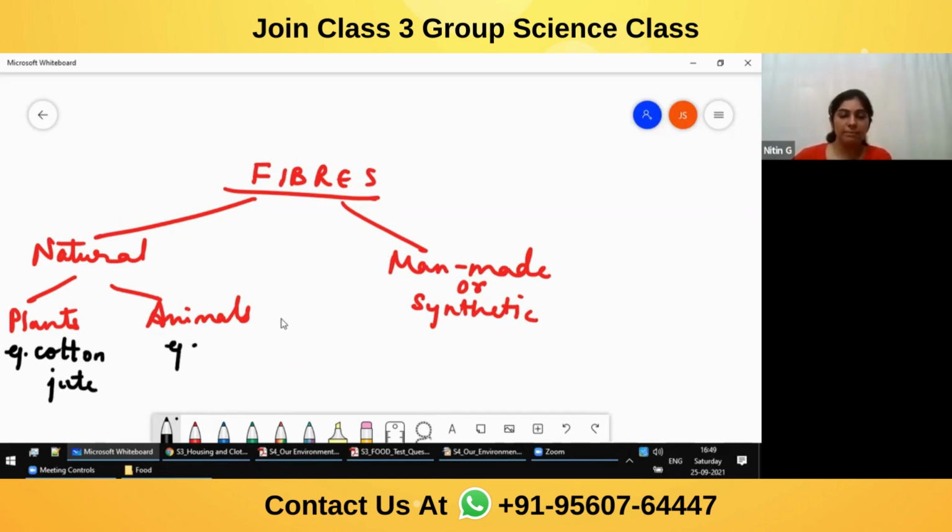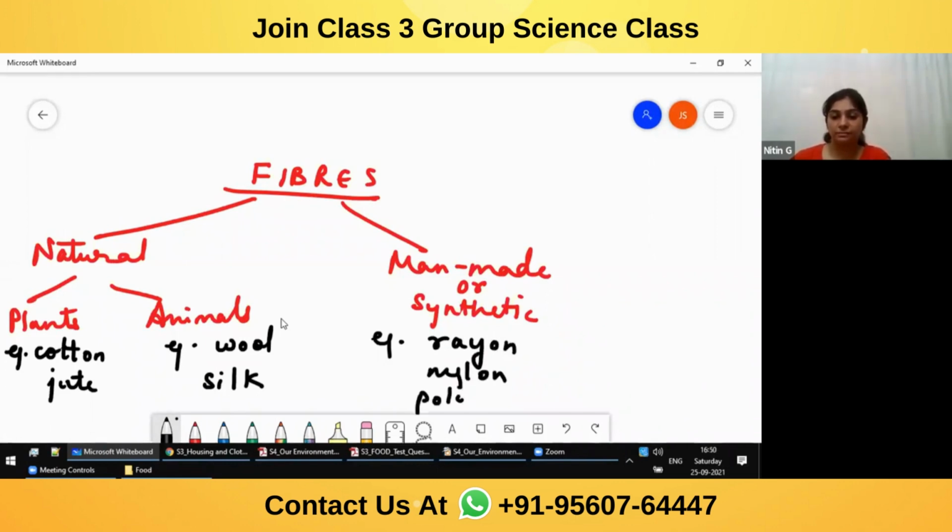From animals, examples are wool and silk. Man-made examples are rayon, nylon, polyester. This I already told you, this classification.